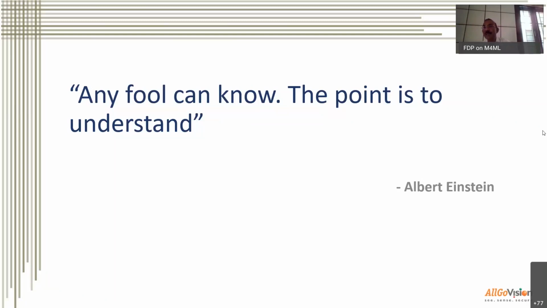Adagrad tried to correct that, saying some features might not be encountered until late in the training, and if I have reduced my learning rate too prematurely, I may not be able to learn well enough. So Adagrad enabled a learning rate for each parameter, so each parameter had a different learning rate.